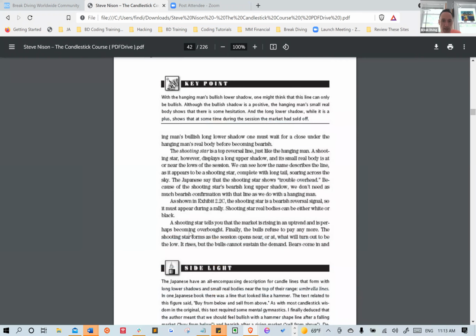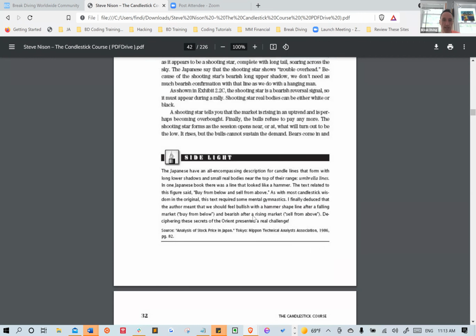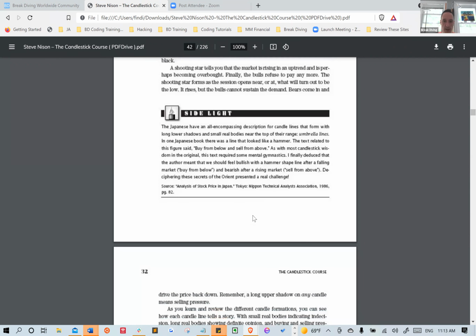A shooting star tells you that the market is rising in an uptrend and is perhaps becoming overbought. Finally, the bulls refuse to pay any more. The shooting star forms as the session opens at or near what will turn out to be the low. It rises, but the bulls cannot sustain the demand. Bears come in and drive the price back down.